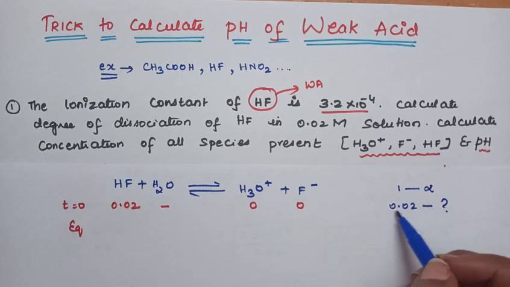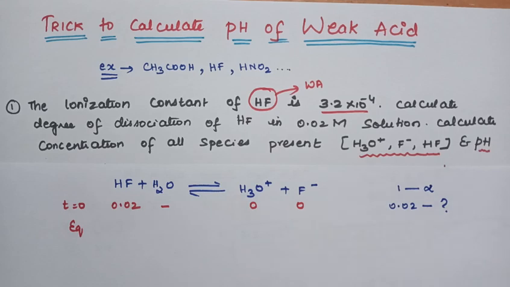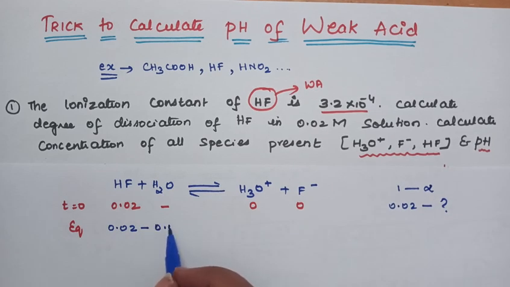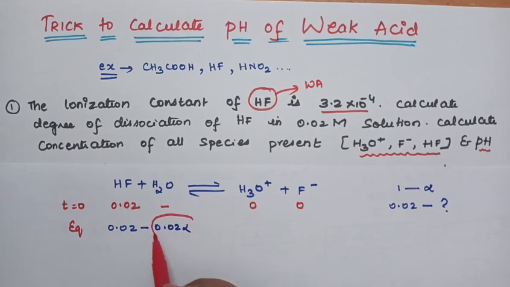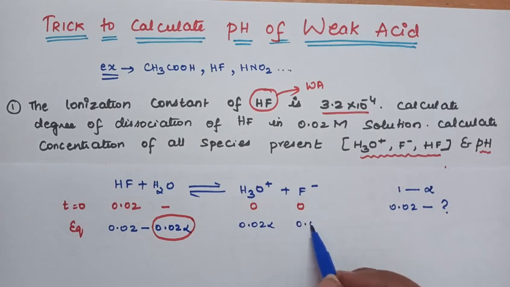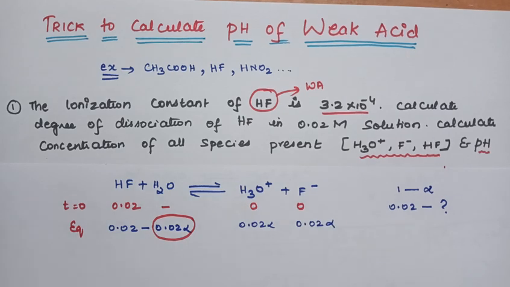It will be 0.02 into alpha, 0.02 alpha. The same concentration will be formed, so H3O plus will be 0.02 alpha, and F minus is also 0.02 alpha.